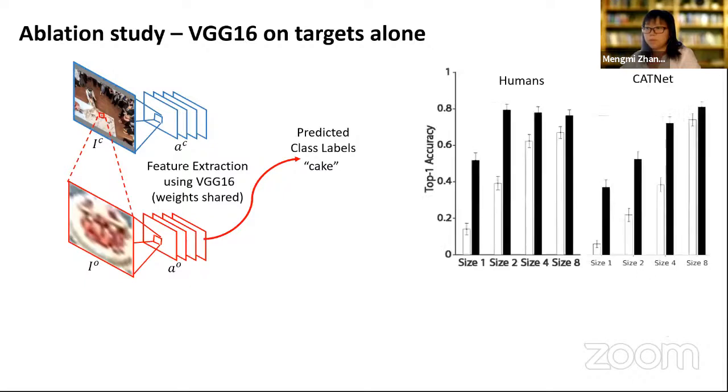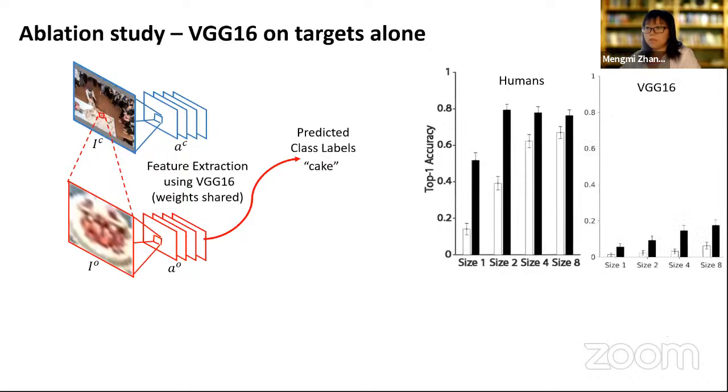Here are the previous human versus CRTNet performance, and here is VGG16's absolute recognition accuracy. The performance of VGG16 was essentially at chance, particularly for the small objects. Given the time limit, I'm not going to go through the absolute recognition accuracy for all the models over all the contextual conditions in all the experiments.